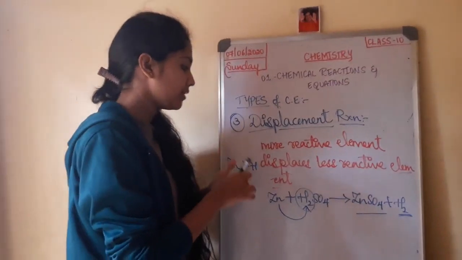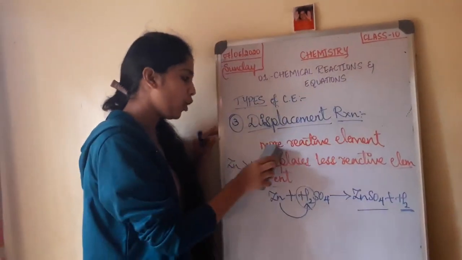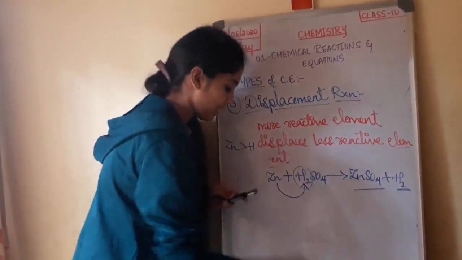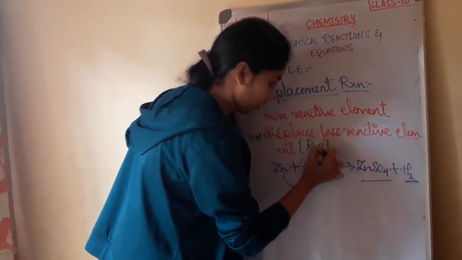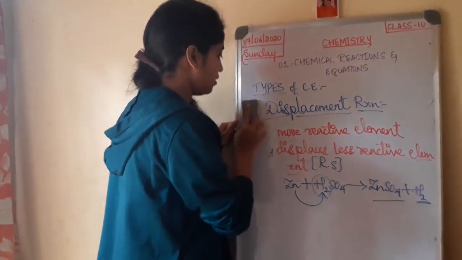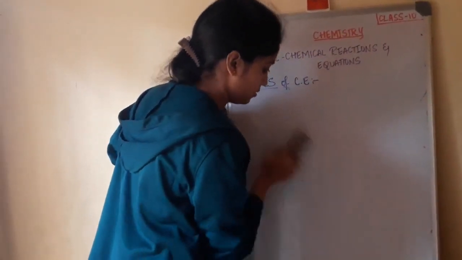Now, this is the displacement reaction. A more reactive element displaces a lesser reactive element, especially only on the reactant side, not on the product side.